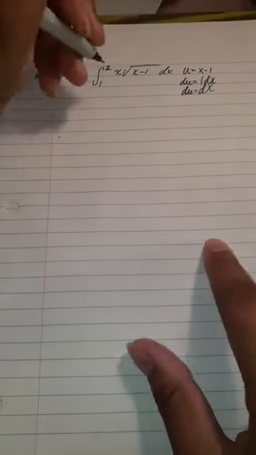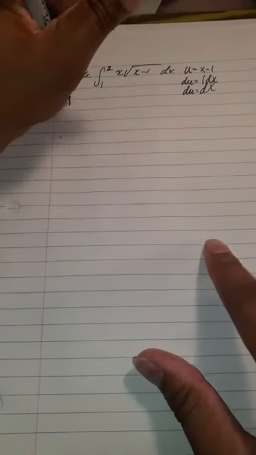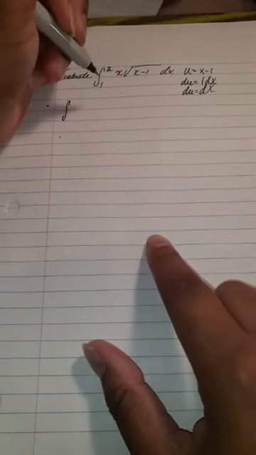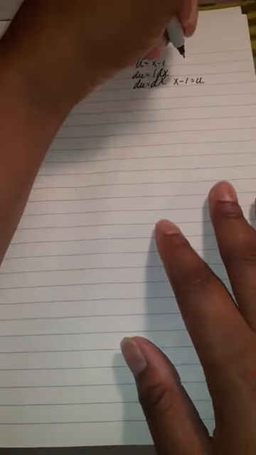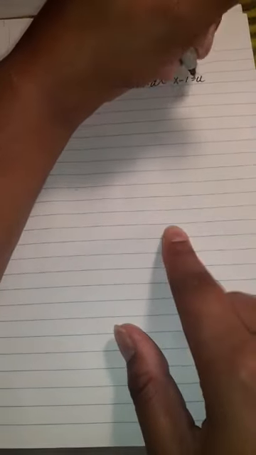And then you go over here and remember to leave the bounds blank. You have to leave that blank. We need to get everything in terms of u to do the u-substitution, so over on the side I can solve for x. We have x minus 1 is equal to u. If I add 1 to both sides, that makes things a little easier: x minus 1 plus 1 is equal to u plus 1.